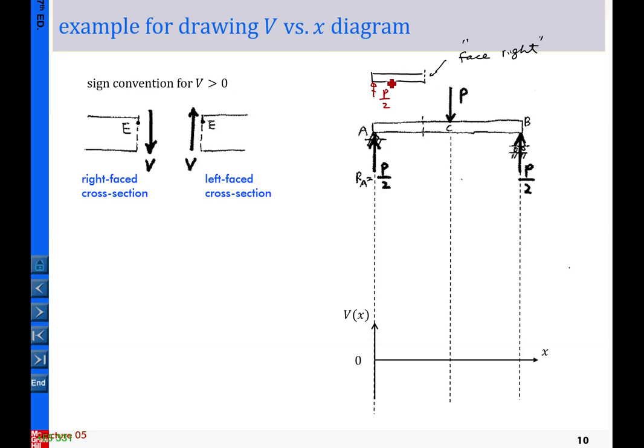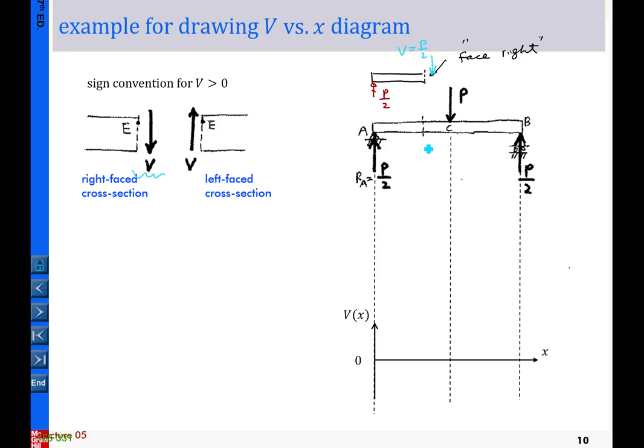This free body diagram didn't include P, so we can proceed by doing the equilibrium. Very simple, by doing the equilibrium you should be able to find P over 2 here, and that's V. So that is the direction obtained by equilibrium. Then we check this against the sign convention. We can see this is the magnitude of P over 2, and by equilibrium that is downward. Now we accommodate to the sign convention here. This is deemed positive.